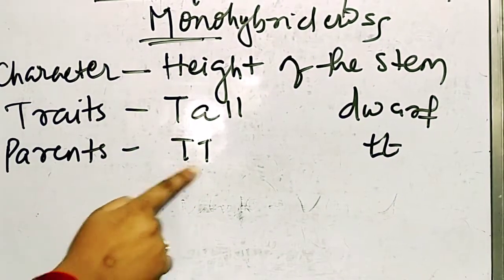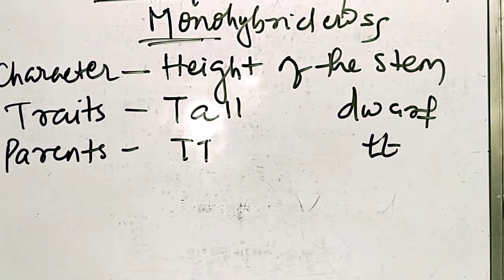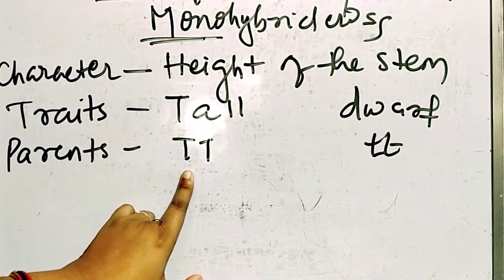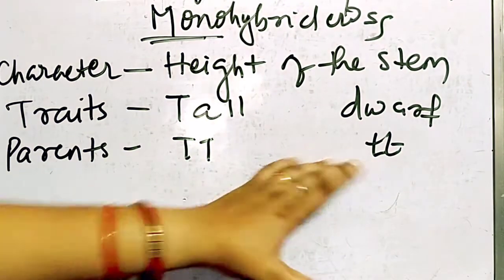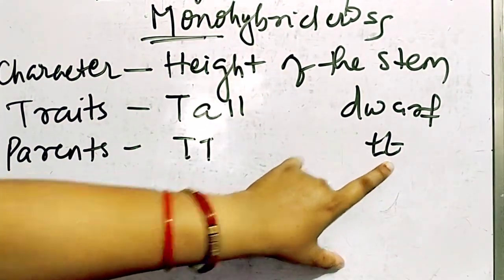Now you can see here, these are pure homozygous traits which are taken. Homozygous means both the alleles are same. Here also it is homozygous because both the alleles of the pair of factors are same.